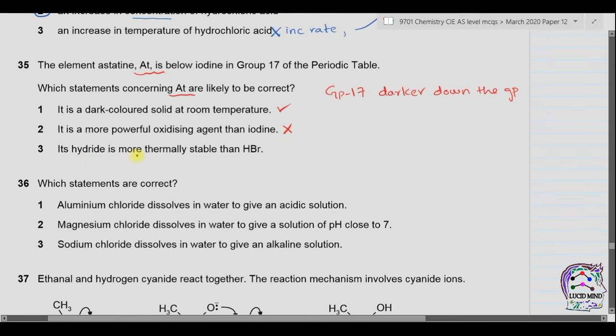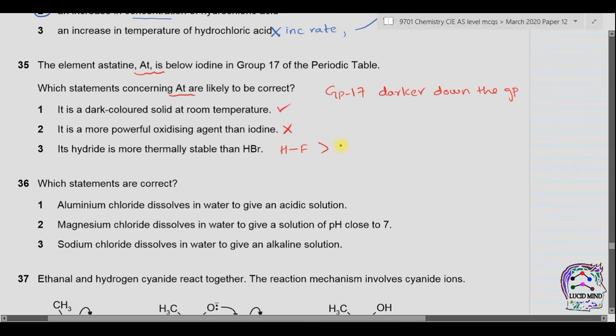3. Its hydride is more thermally stable than HBr. Now, stronger the bond between hydrogen and halogen, it will be more thermally stable. So we know that the bond strength decreases down the group.